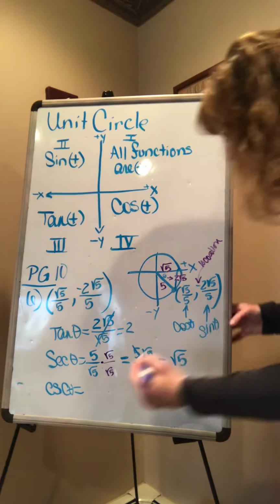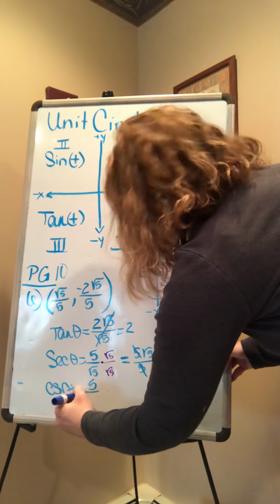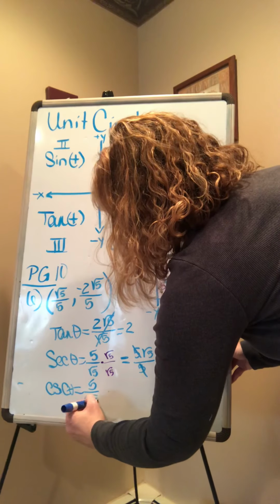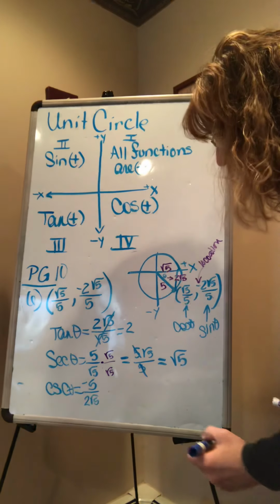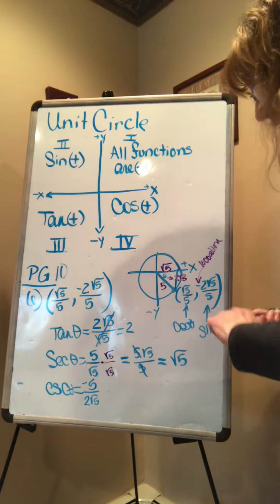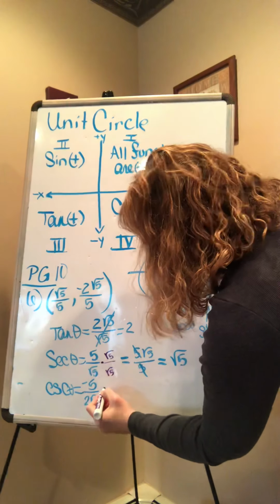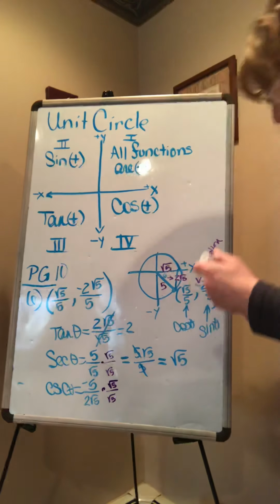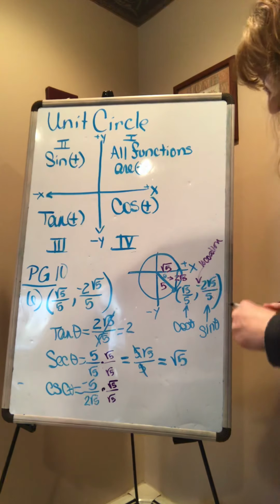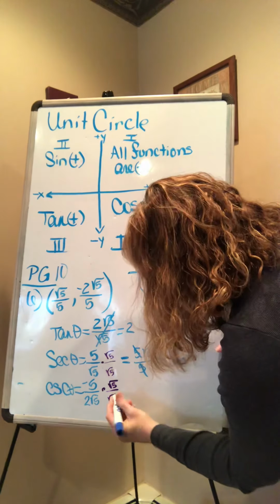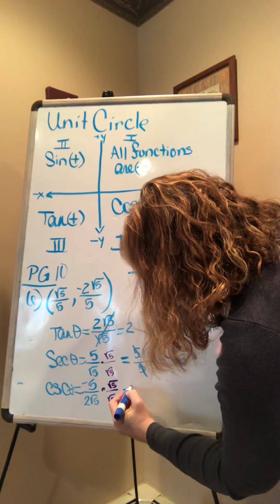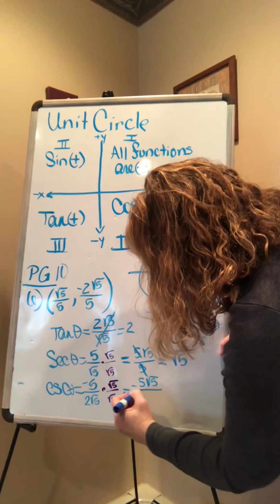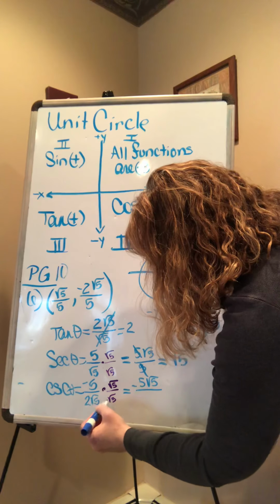And then the cosecant, if I now flip my sine, I have 5 over 2 rad 5, and it's negative. And again, I can't have a radical, so I'm going to rationalize. Rad 5 over rad 5. And now that's going to give me negative 5 rad 5 over 2 times 5.